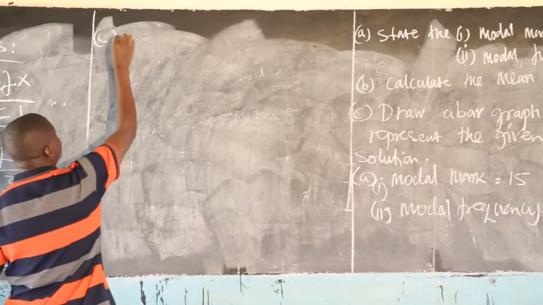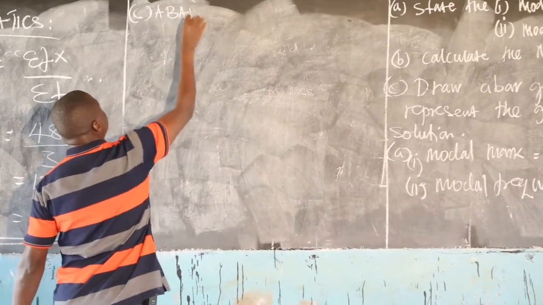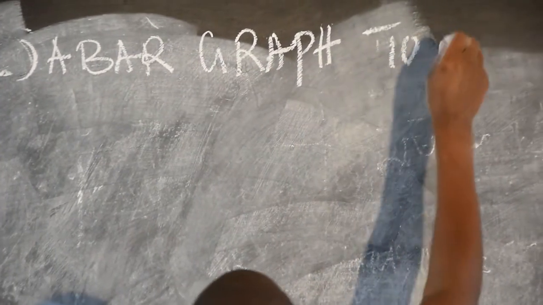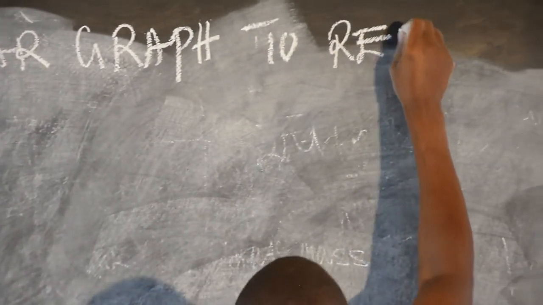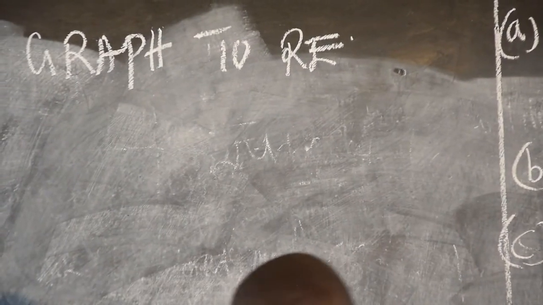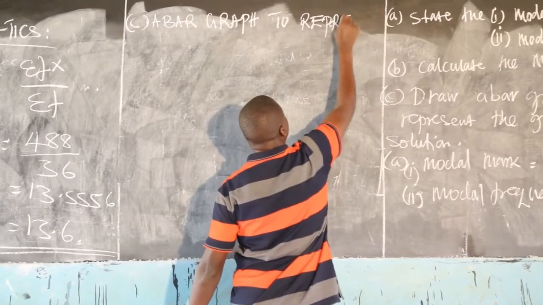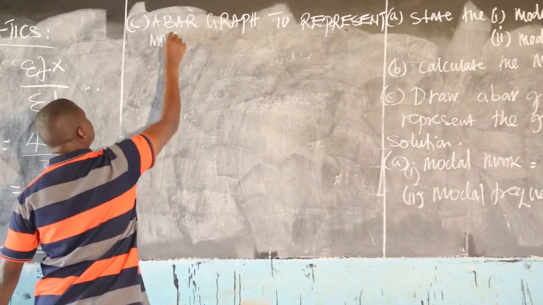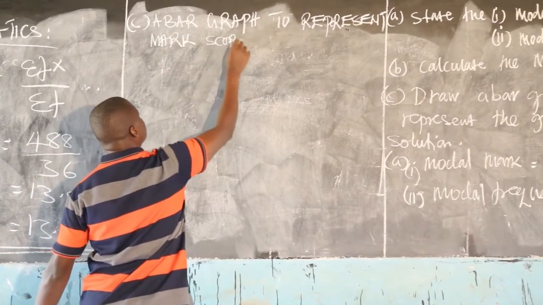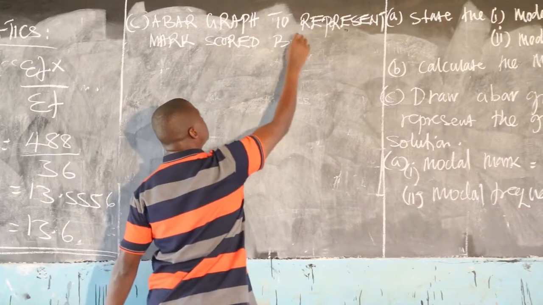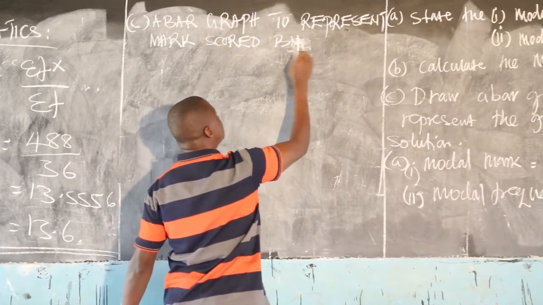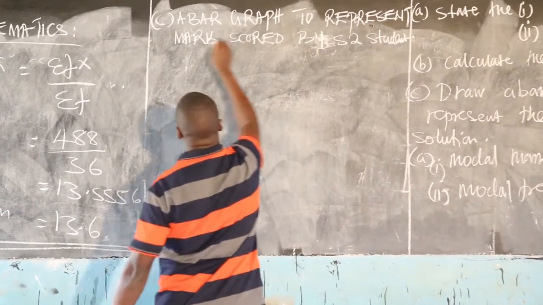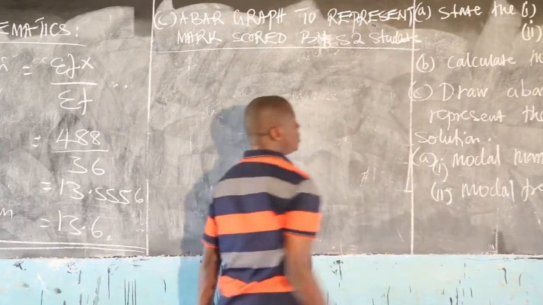We say a bar graph to represent marks scored by senior 2 students of a certain school.